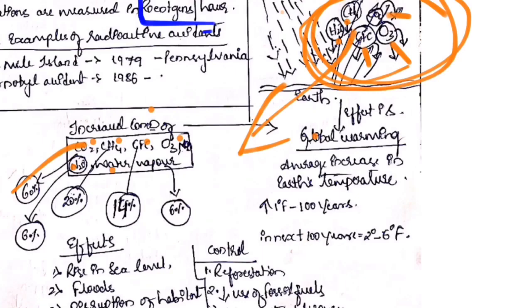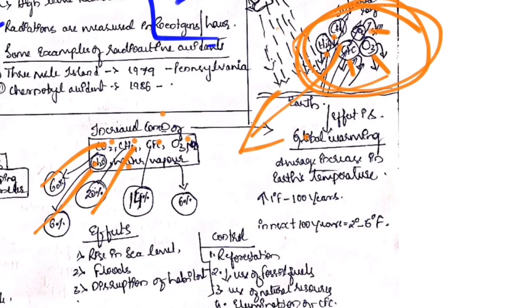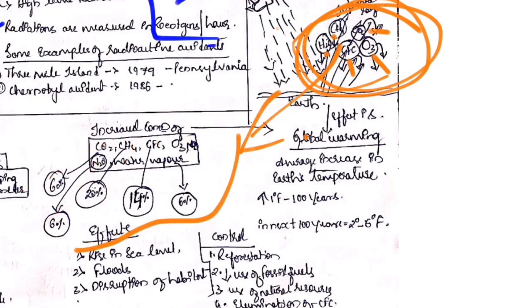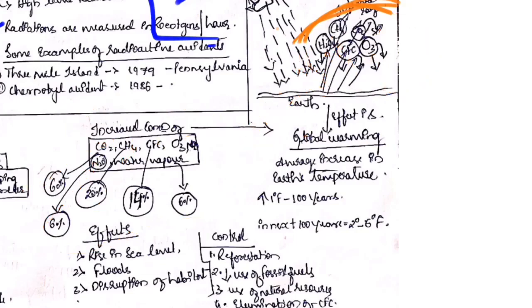Next, nitrous oxide contributes 6%, methane contributes 20%, chlorofluorocarbons contribute 14%, and water vapor contributes 2 to 6%. So the major contributor is carbon dioxide. Due to the increased concentration of these greenhouse gases, the temperature of the earth is increasing more.